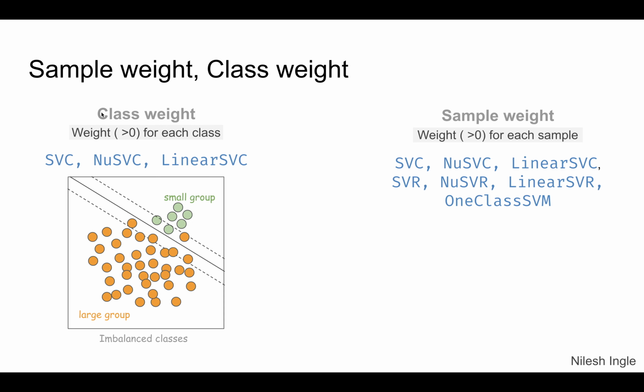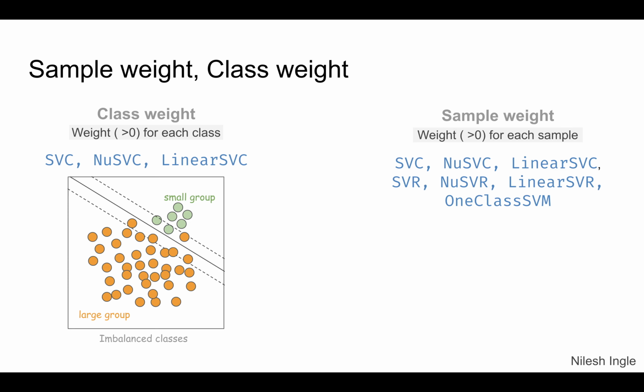In addition, class weight can be given as a dictionary input when we are setting up the model. And sample weight is another version. Instead of giving weight for each class, in case of sample weight, we can set a value for each sample or each row of the data set.